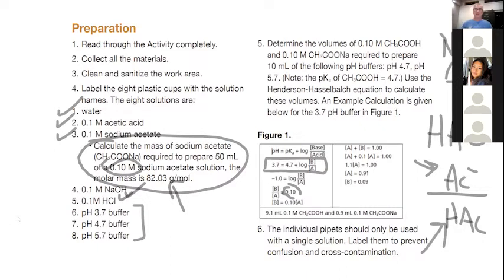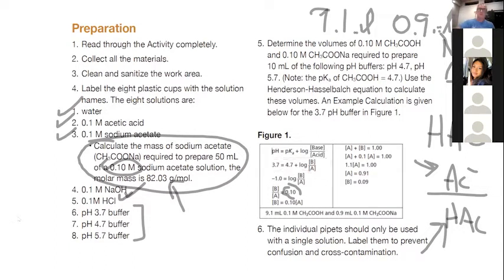That means we need to have 10 times as much acid as acetate. So that means we need to have 9.1 mils of acetic acid, and 0.9 mils of acetate ion. One is 10 times more than the other.